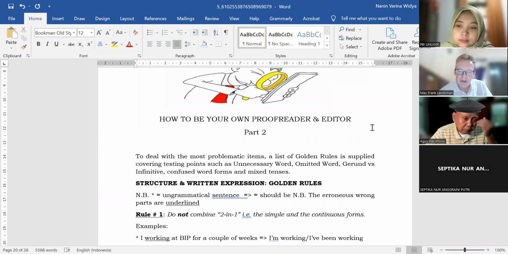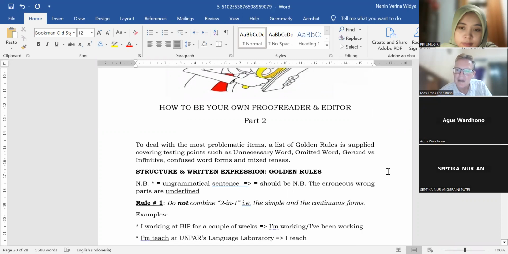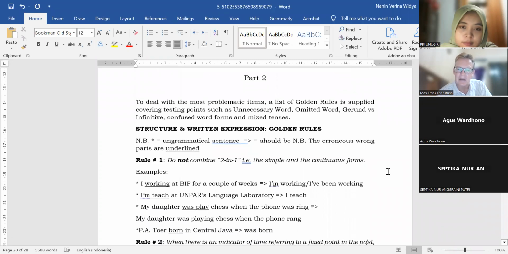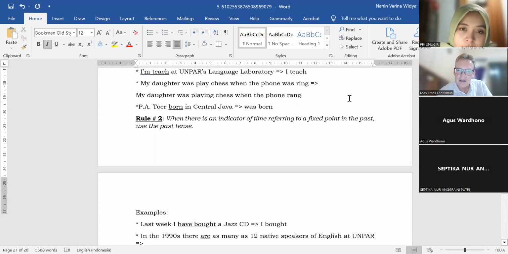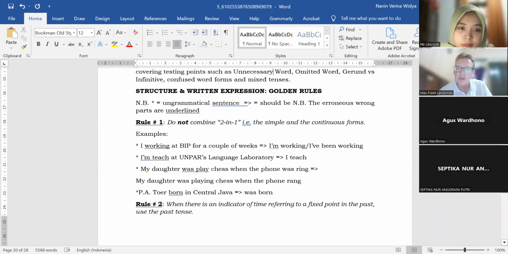Now, first of all, in structure and written expression, the golden rules are, and I use two simple signs. An asterisk or little star means ungrammatical sentence, kalimat yang tidak sesuai dengan tata bahasa Inggris yang baik dan benar. And the arrow, ke atas sedikit, the arrow to the right, ada panah ke kanan. What's the meaning? It should be this, yeah.